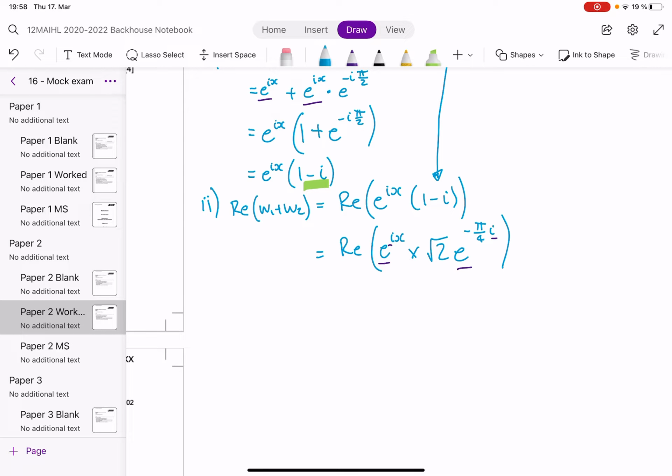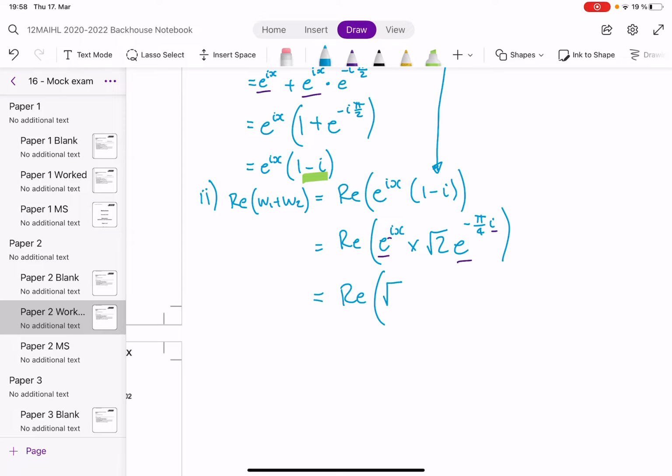So I'm going to take that out as a common factor. I think I'm going to move the root 2 to the front, and then we'll have our e to the i, and then as they're multiplied, sorry, we're not after a common factor, we're just saying that we've got the same base and we're multiplying them.